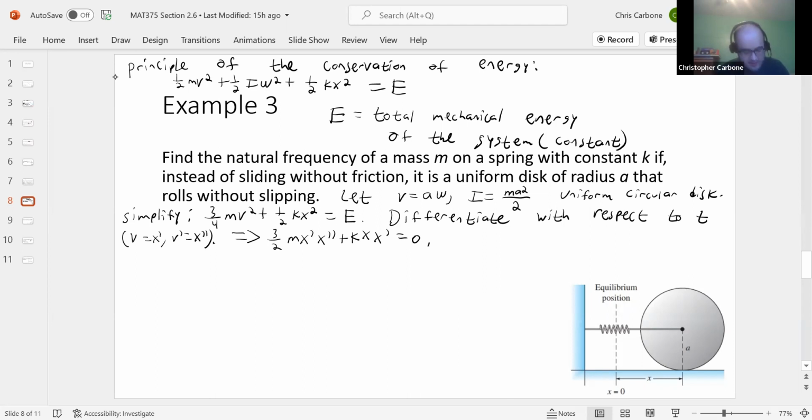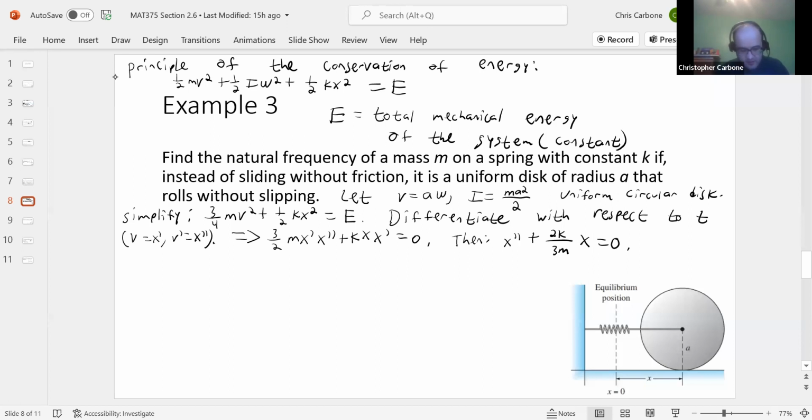But if we divide by 3/2 times M X prime and simplify, we get the following simplified form: X double prime plus 2K over 3M times X is equal to 0.